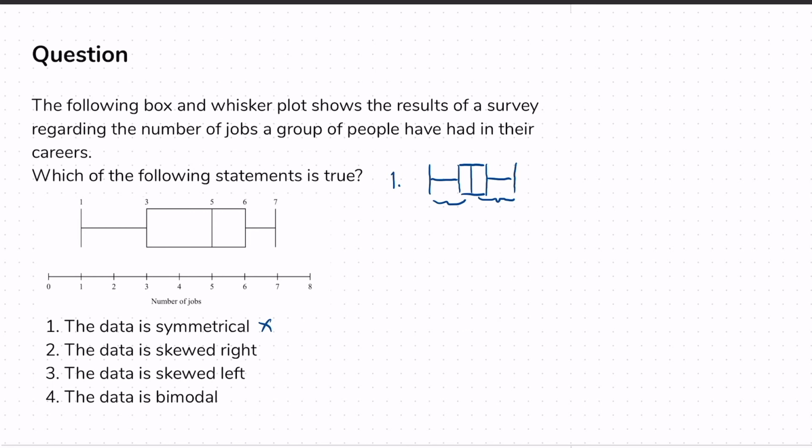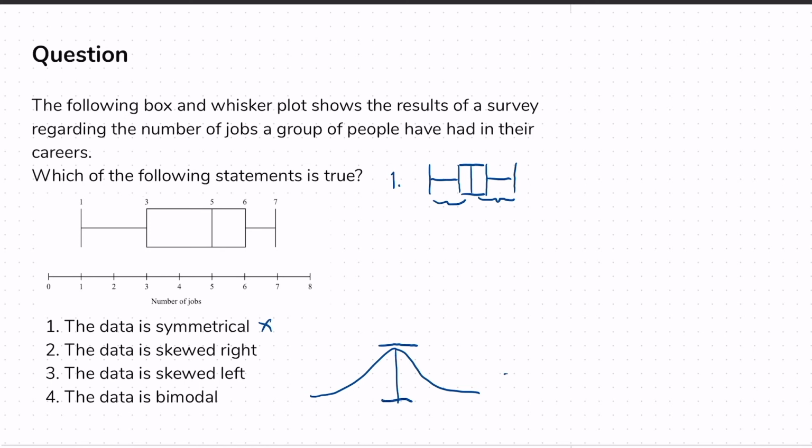So what does unimodal versus bimodal mean? Well, unimodal looks like this. That suggests that there is one value, uni, which has the most. The modal is the value with the most.